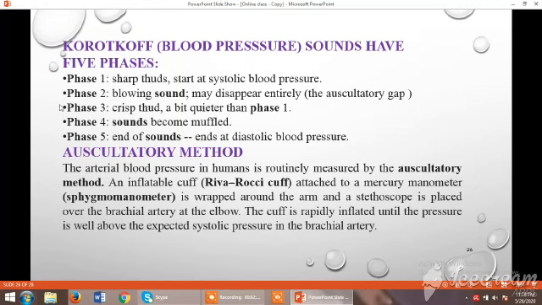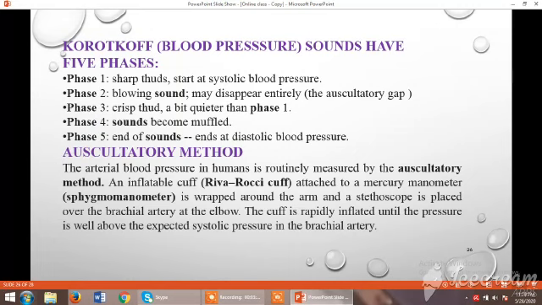And then phase 3: the murmur is replaced by a clear, loud gong sound, and this lasts for 20 mm of mercury. Then the fourth sound: the loud sound suddenly becomes muffled and rapidly begins to fade. This point indicates diastolic pressure. And fifth, absence of all these sounds is the fifth phase.